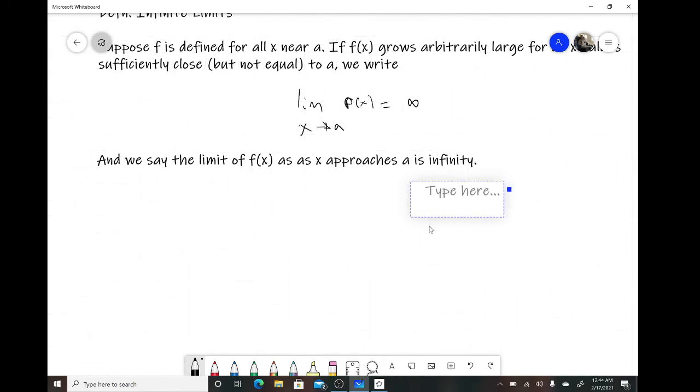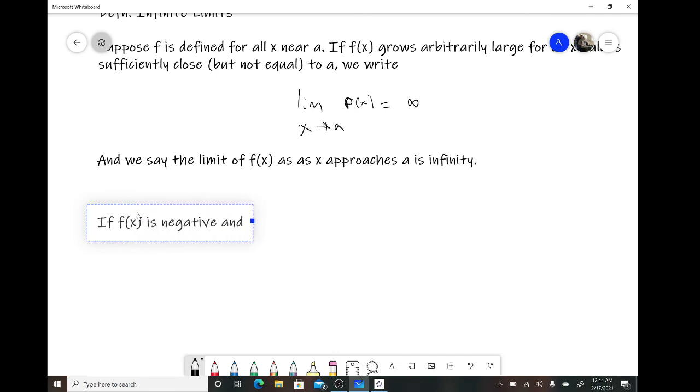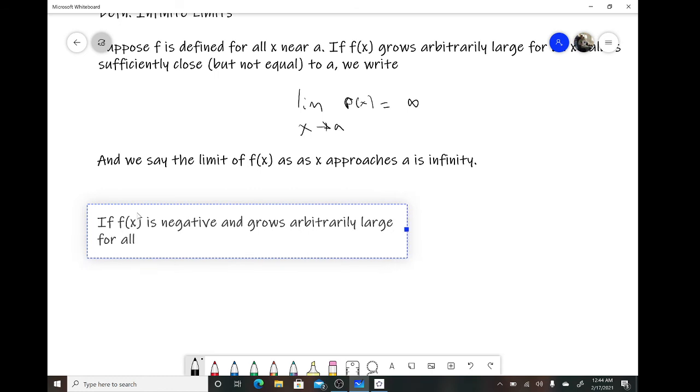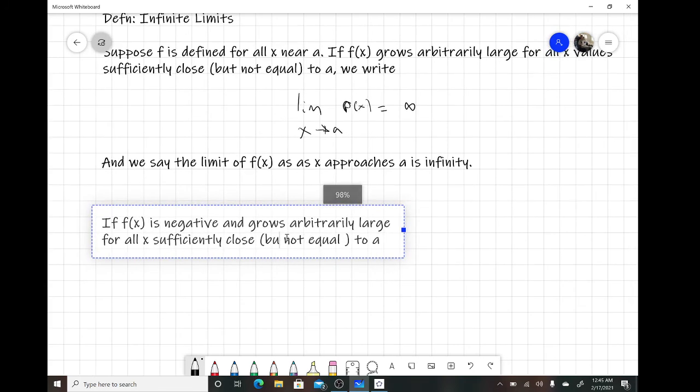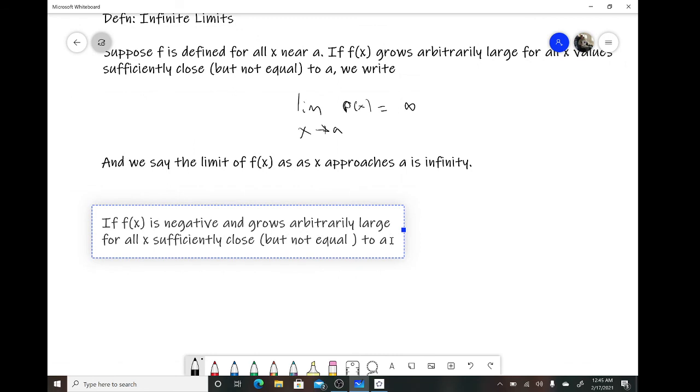Now, if f of x is negative and grows arbitrarily large for all x sufficiently close to, but again not equal to a, then we write the following.